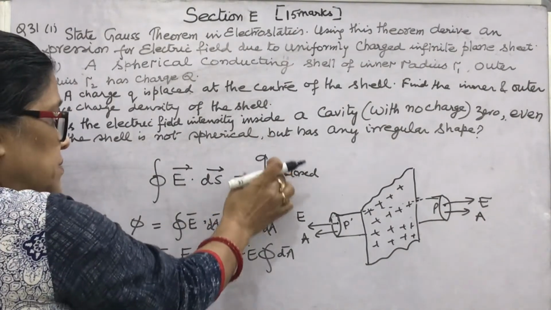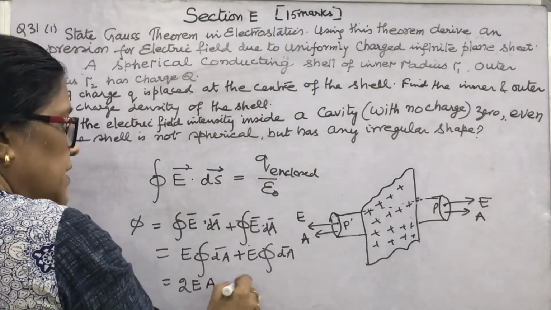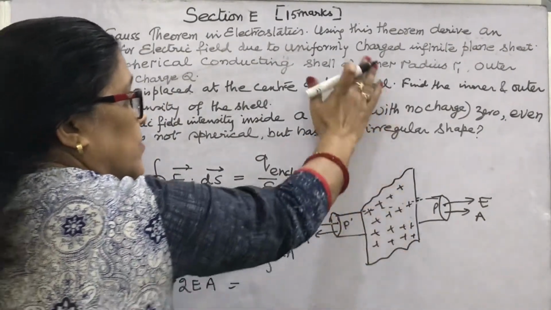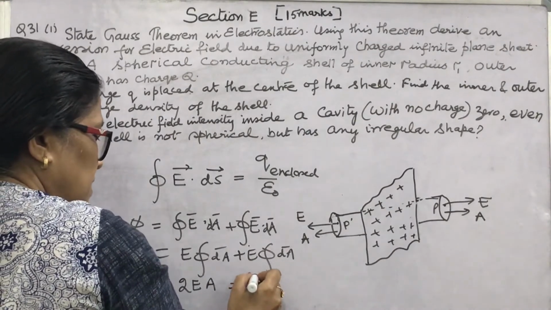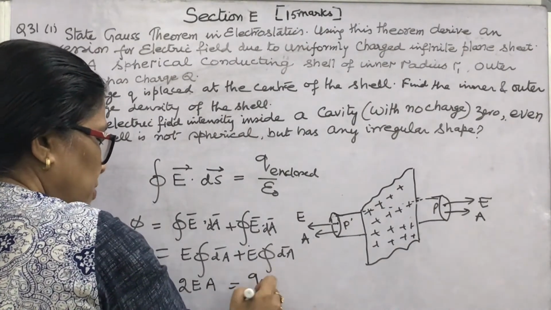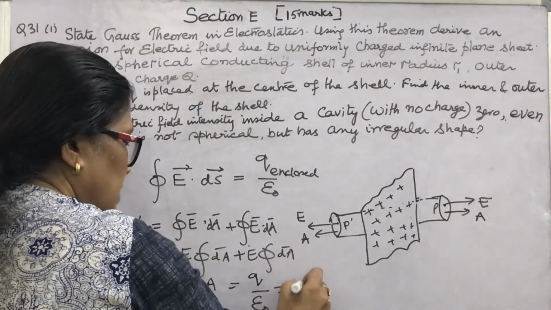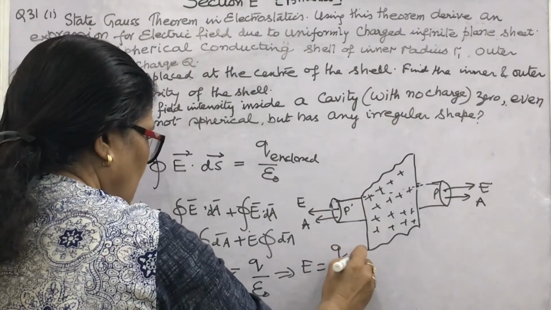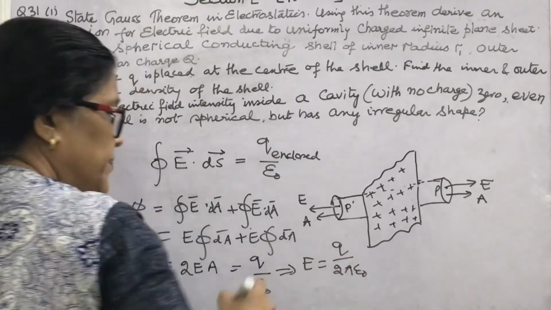As per Gauss theorem, this is equal to the charge enclosed by the Gaussian surface upon epsilon naught, supposing the enclosed charge is Q since the sheet is of infinite dimension. This implies E equals Q upon 2 A epsilon naught.